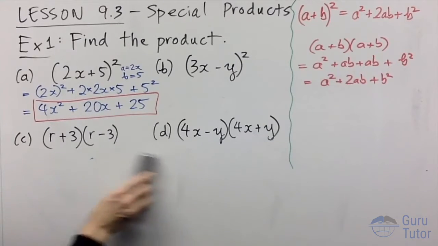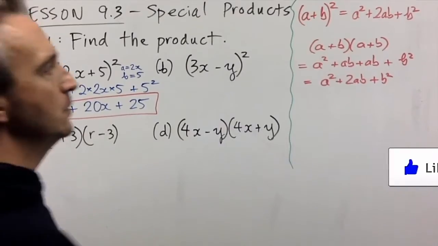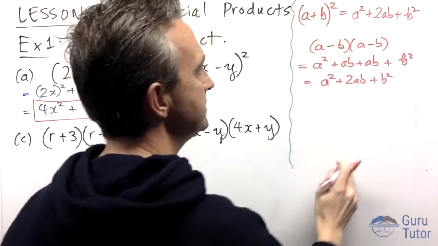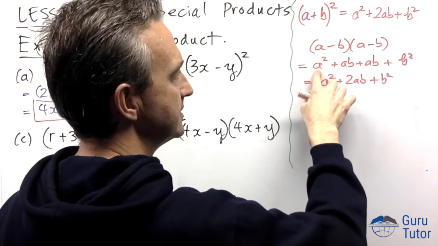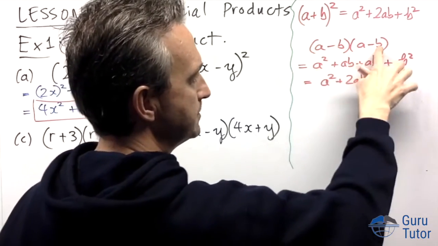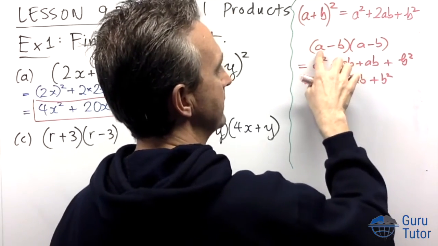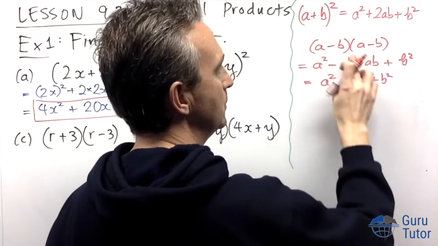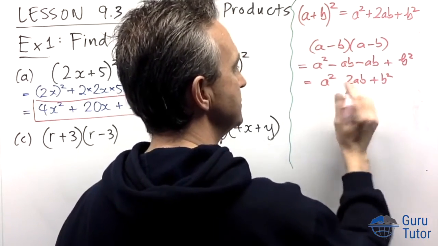We have special products. The second one, what happens when there's a minus in there? Well, if there's a minus there, we get this happening. So the first is the same, and the last is the same because minus b times minus b gives plus b squared. But the inside ones, outer a times minus b, we get a minus there, and inner we get minus b times a, which is minus ab as well, and we get a minus 2ab.